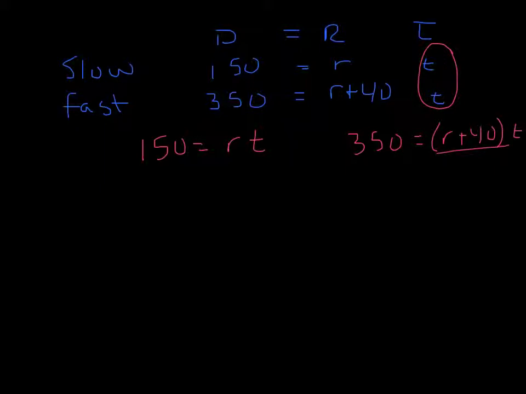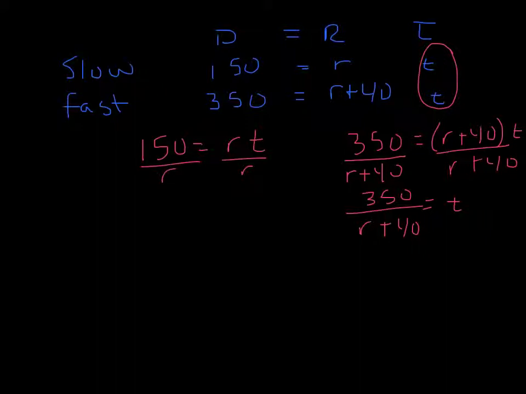So let's solve for t. We solve for t by dividing by r plus 40 on the right side. So t equals 350 over r plus 40. And over here, just divide by r. So t equals 150 over r.